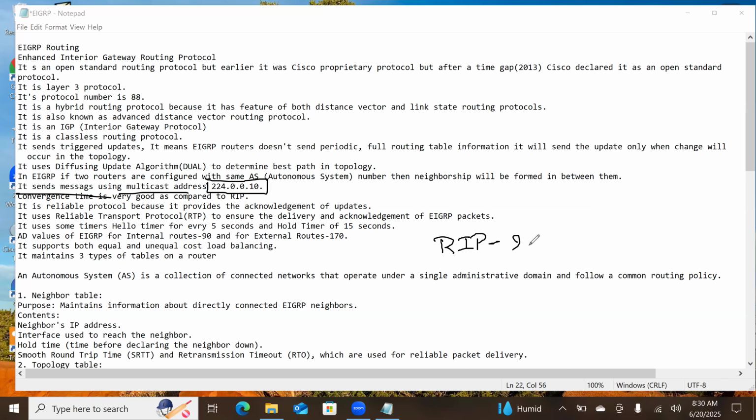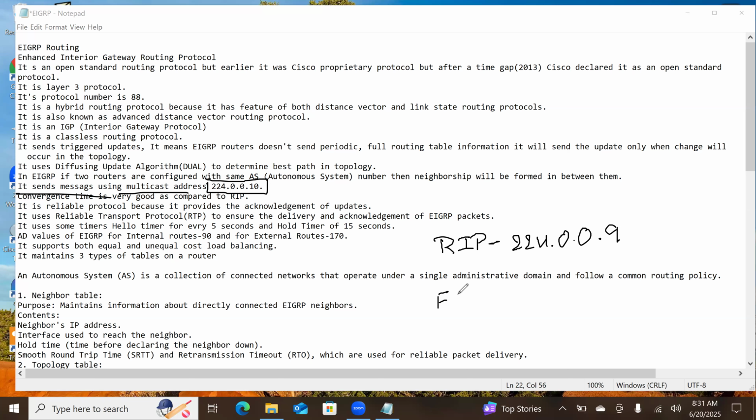I can tell you, 224.0.0.9 is used in RIP.